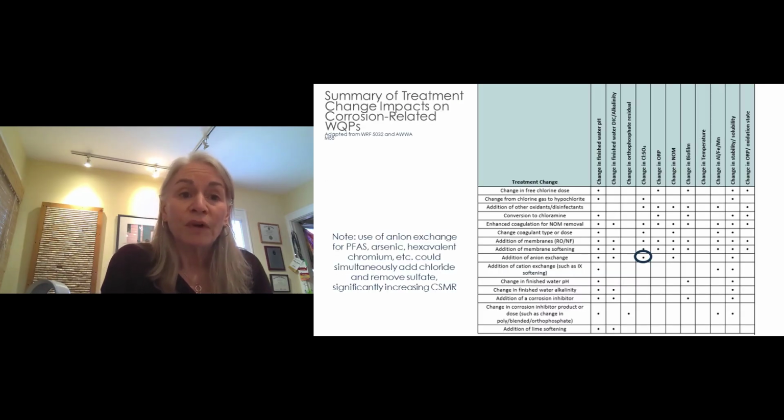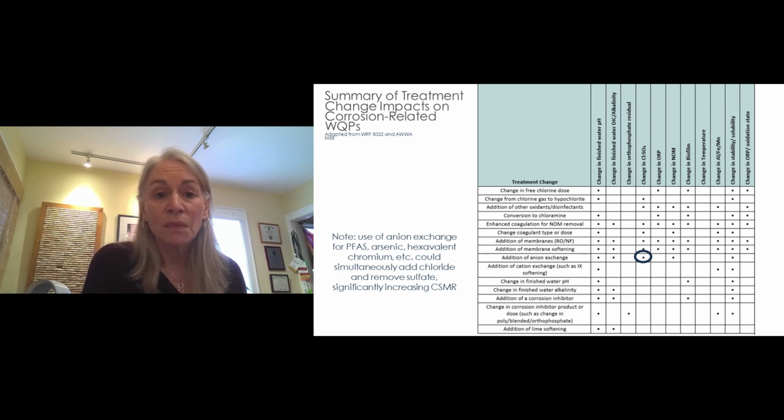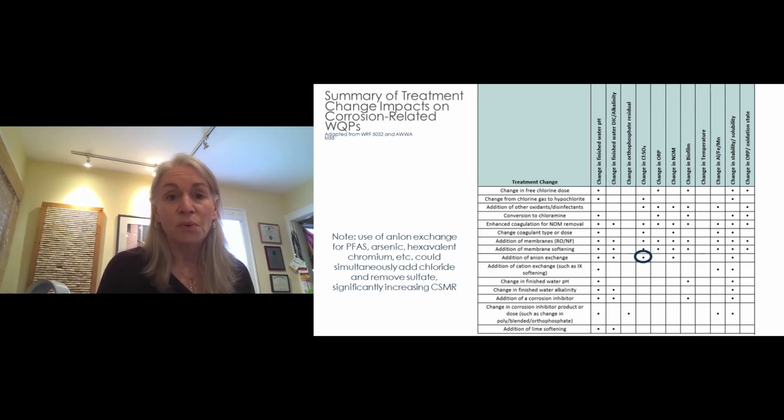The manual also provides a summary of the treatment changes and their impacts on these important corrosion-related water quality parameters. Down the left side in the column, there's a whole list of treatment changes, and this information was compiled from other AWWA manuals and Water Research Foundation projects. Across the columns are whether those treatment changes have impacts on the various important parameters.